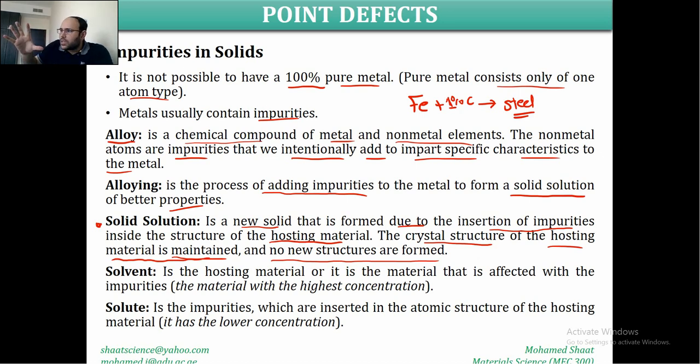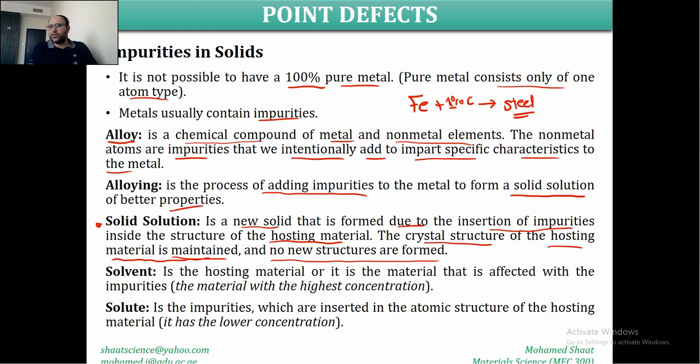But if the crystal structure has changed, this will result in a new phase. So there is a difference between a new phase and a solid solution. Solid solution means that the original crystal structure of the hosting material is maintained and preserved. It will still be the same.